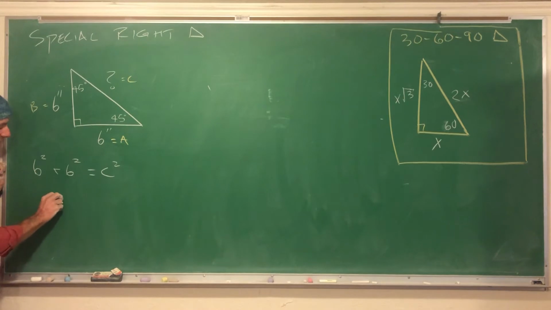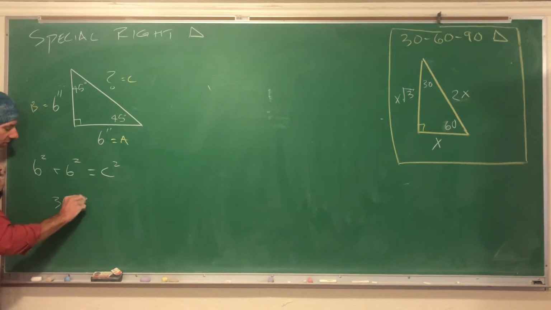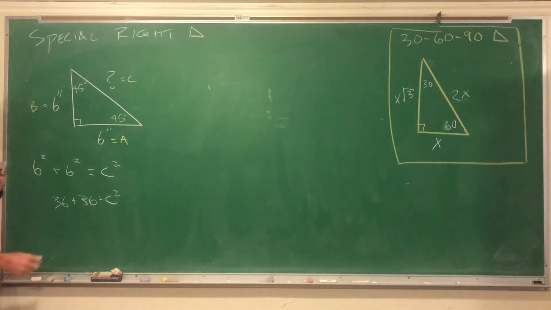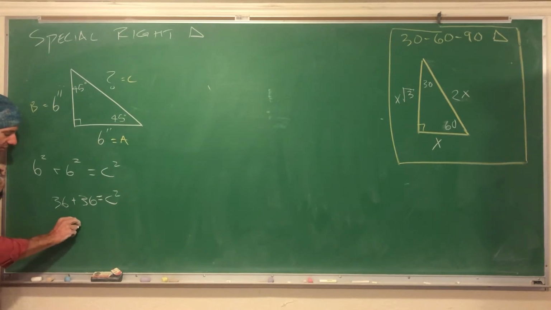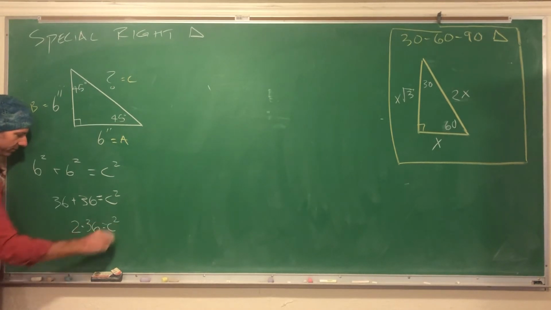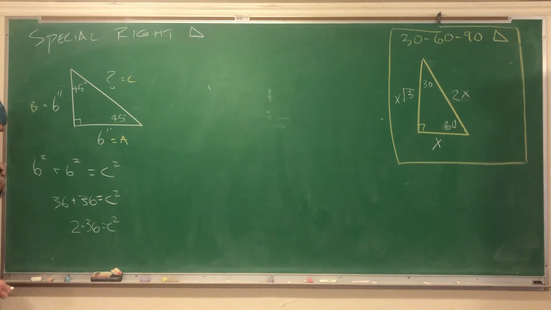We have 36 plus 36 equals c squared. How about I be lazy? I'm going to say 2 times 36 equals c squared. That keeps me from having to actually add the numbers. You'll see why. It's actually a trick I'm doing here.